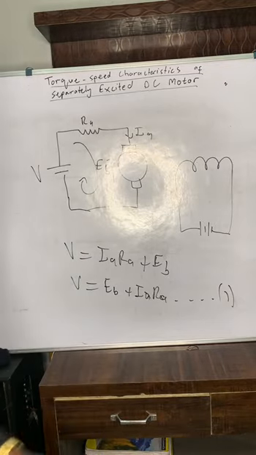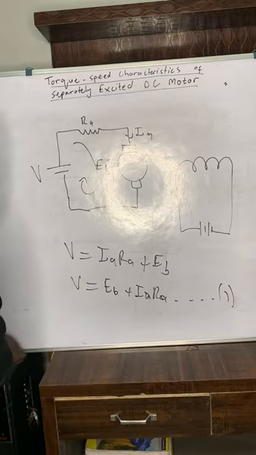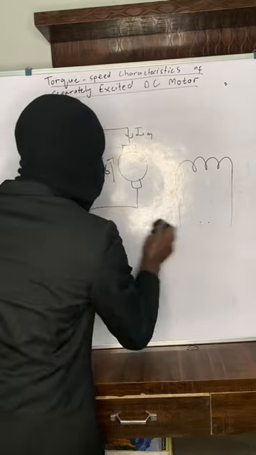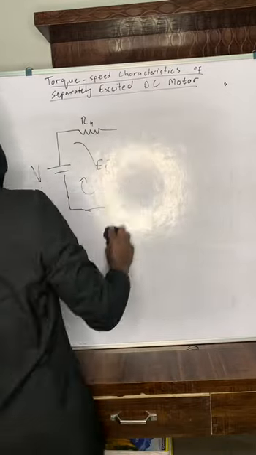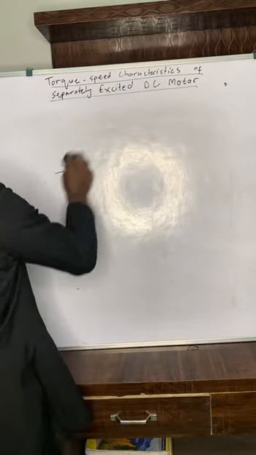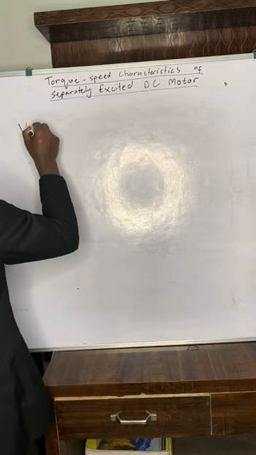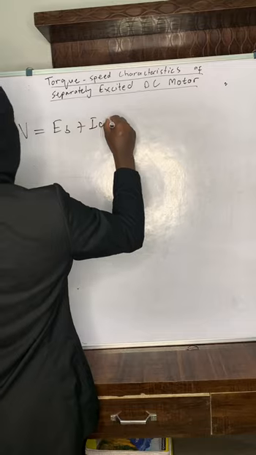You can see that it's a sexy looking equation. Let me just erase this so that we continue moving. So we now have our first equation, V equals EB plus IA RA.